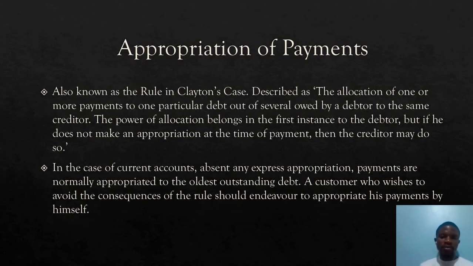How does this happen? Now, if, for example, you are owing a bank, let's say you've taken several loans from a bank. You took a 200,000 facility, a 300,000 facility, a 500,000 facility. You took 3 different facilities from a bank, and then you are paying it back, right?